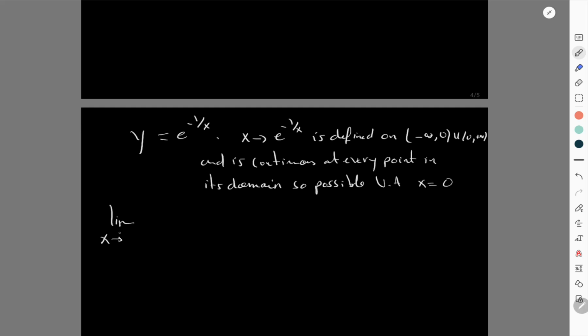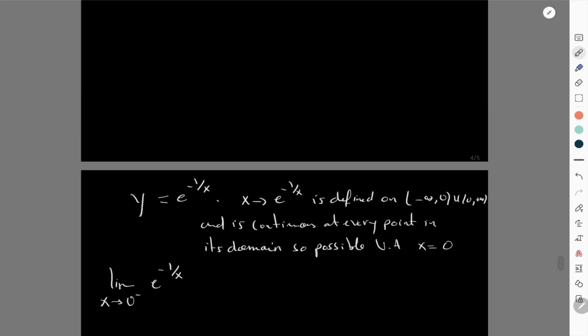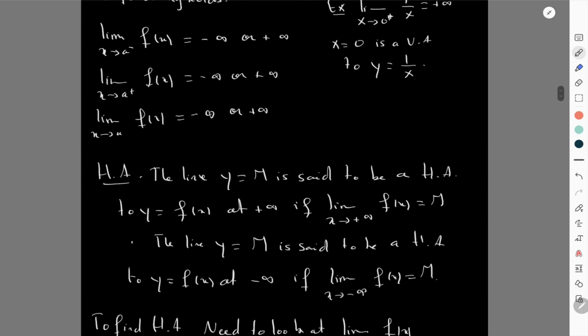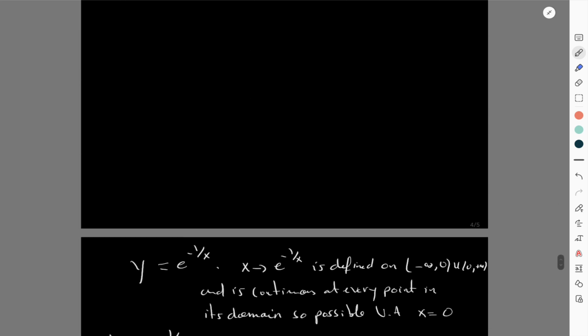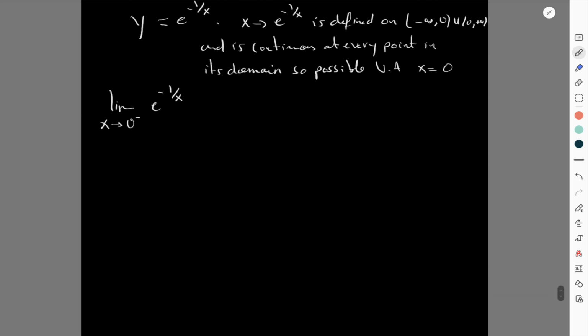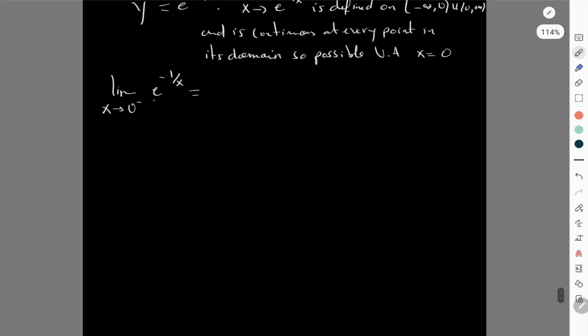Let me check the limit as x goes to 0 minus, say, of e to the minus 1 over x. Is it e to the minus 1 over x or e to the 1 over x? I don't know. E to the minus 1 over x. Okay, it doesn't matter. It's kind of the same thing, almost. Let me look at e to the minus 1 over x as x goes to 0 plus.